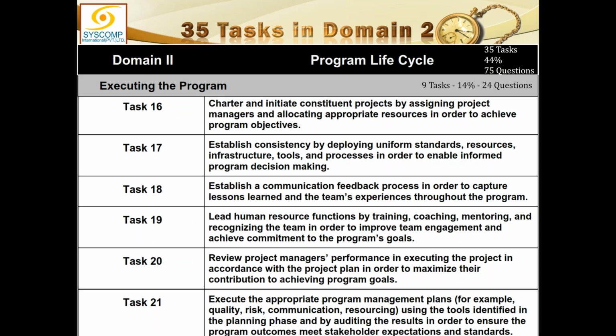In addition to what we are doing in the program, we have to take special care about quality, risk, communication, and resourcing, using the tools identified in the planning phases and by auditing the results, in order to ensure the program outcomes meet stakeholder expectations and standards. We will be talking more about quality, risk, communication, and resourcing later.